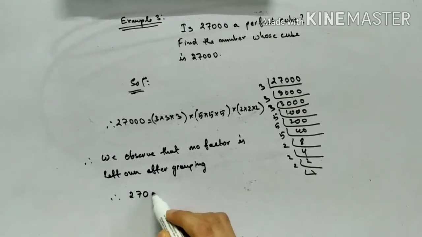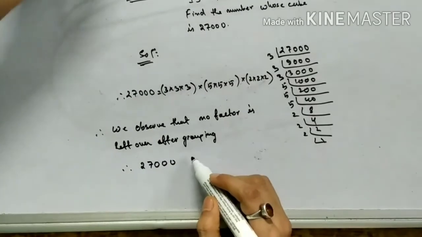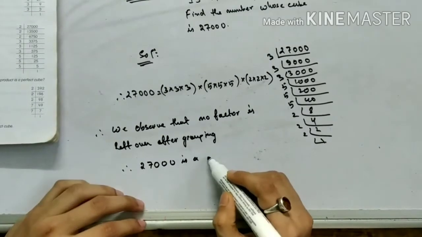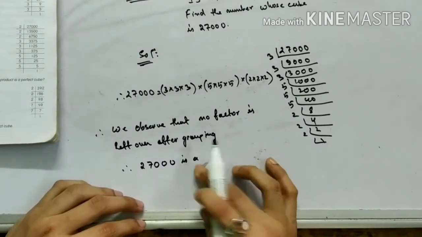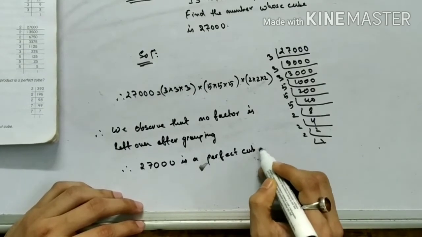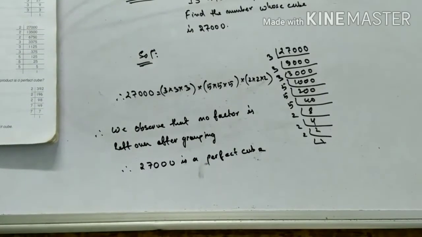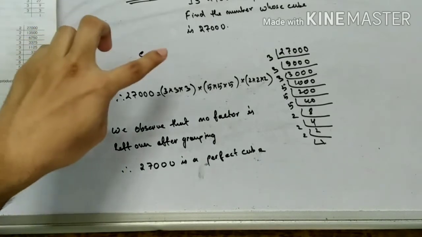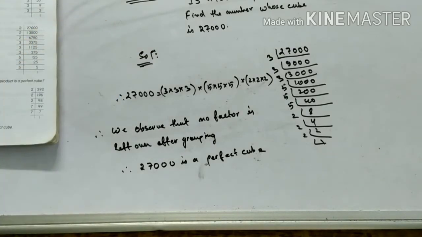Therefore 27000 is a perfect cube. Next it is asking, find the number whose cube is 27000.